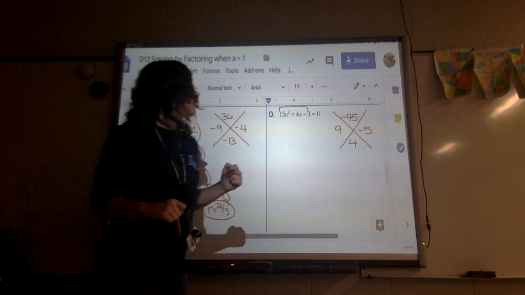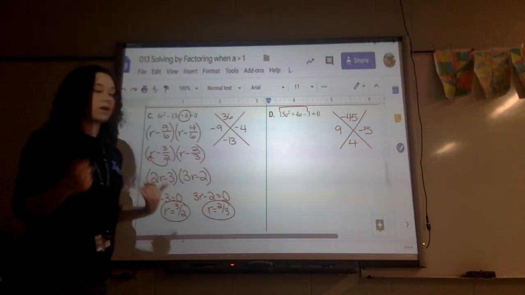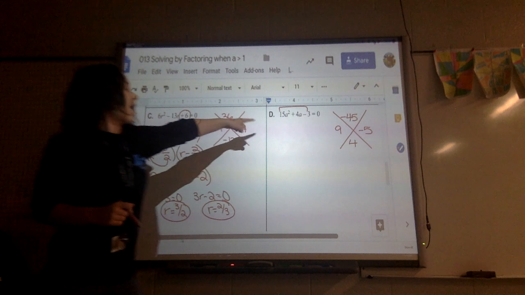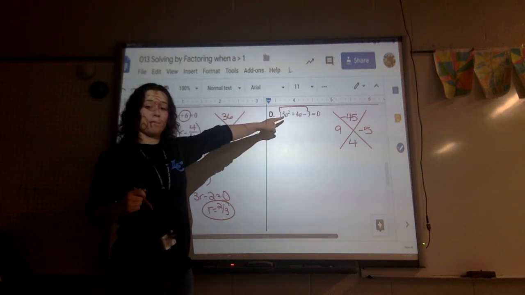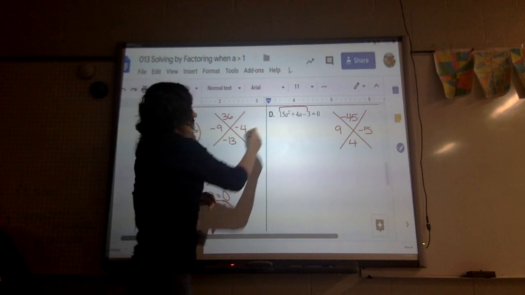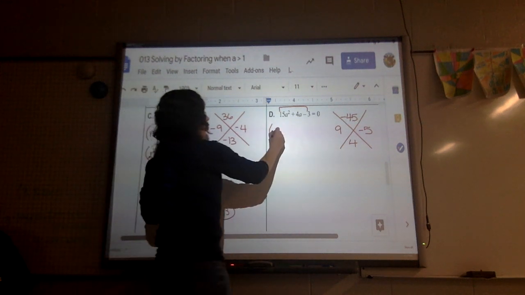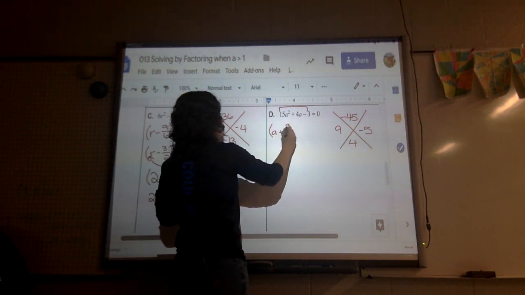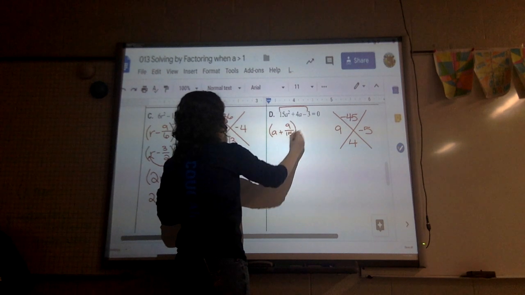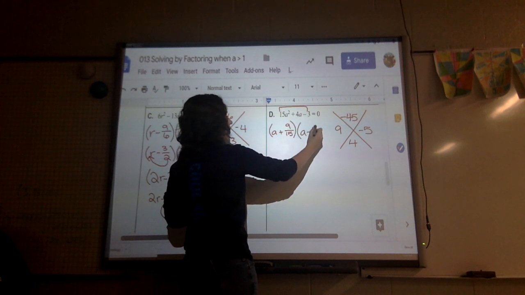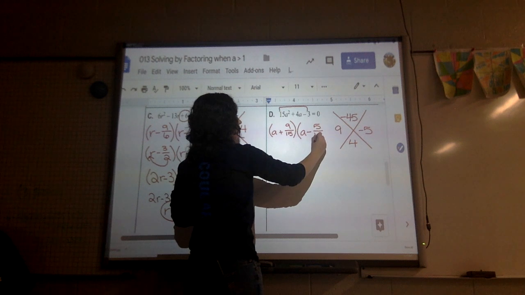Okay? So now I'm ready to write my factors, but again, I can't forget about this 15. When I write my factors, it's not just a plus 9. It's a plus 9 over 15 and a minus 5 over 15.